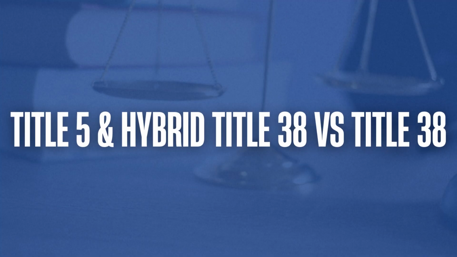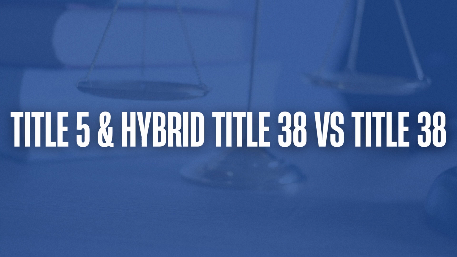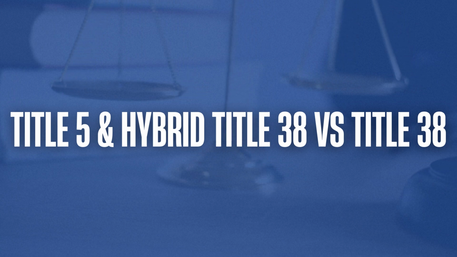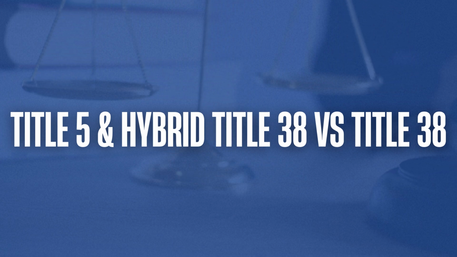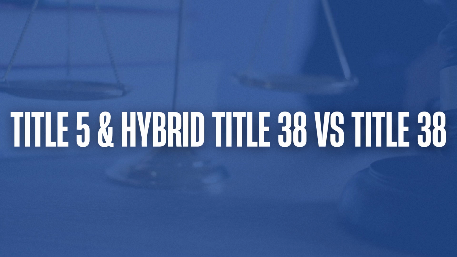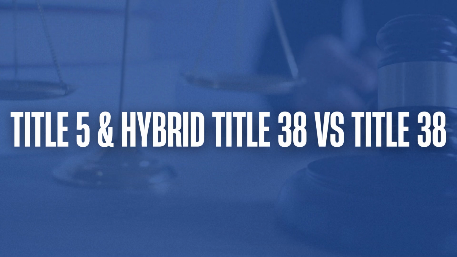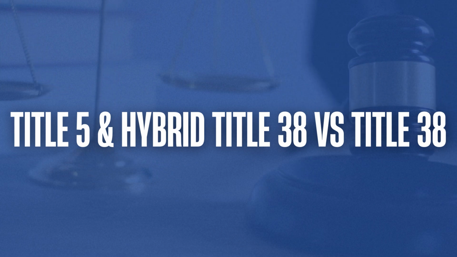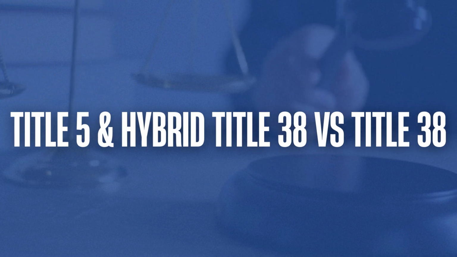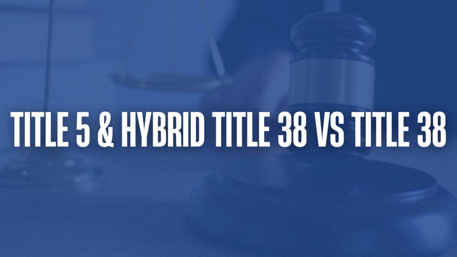It is important to recognize that there are key differences in the process depending on if you're dealing with a Title V employee, a Title 38 employee, or a hybrid Title 38 employee. Title V and Title 38 employees have an avenue to appeal to the MSPB or go through a negotiated grievance procedure.